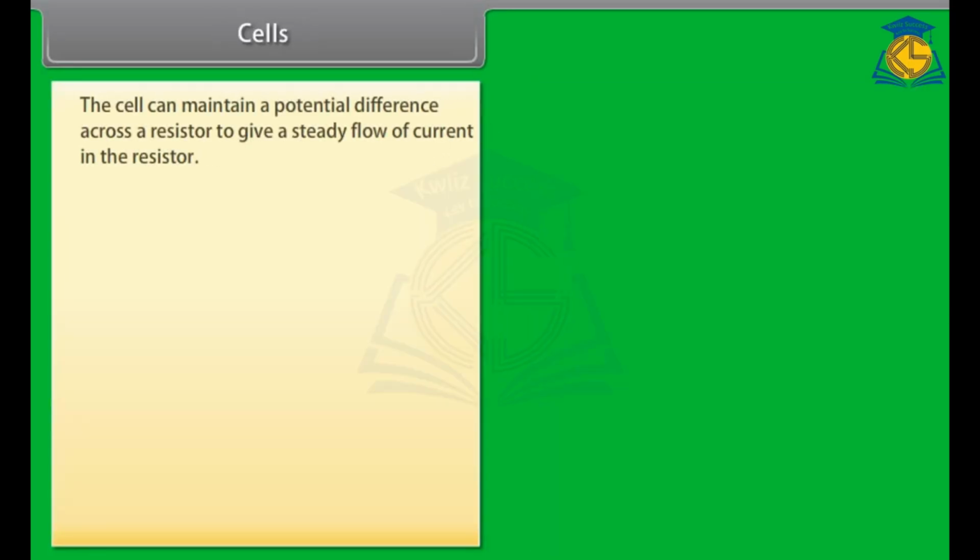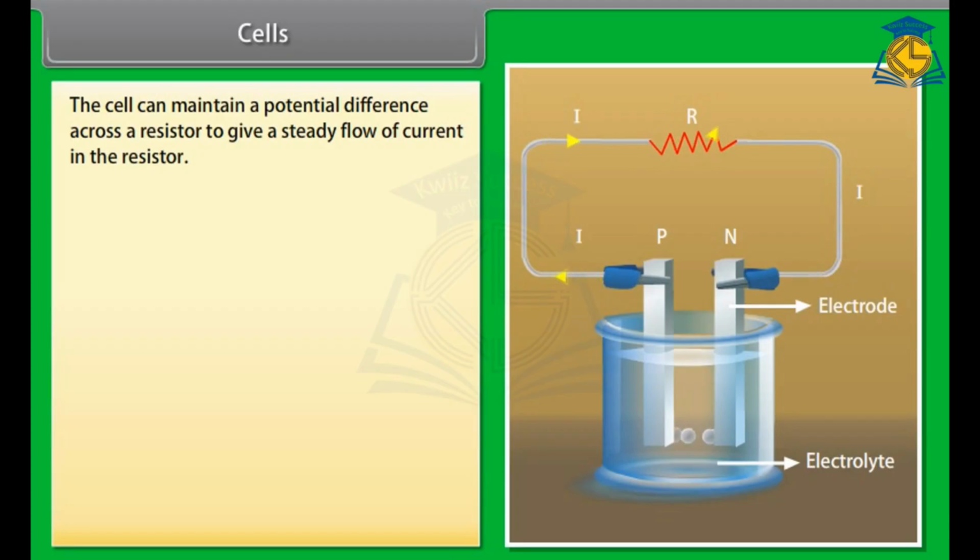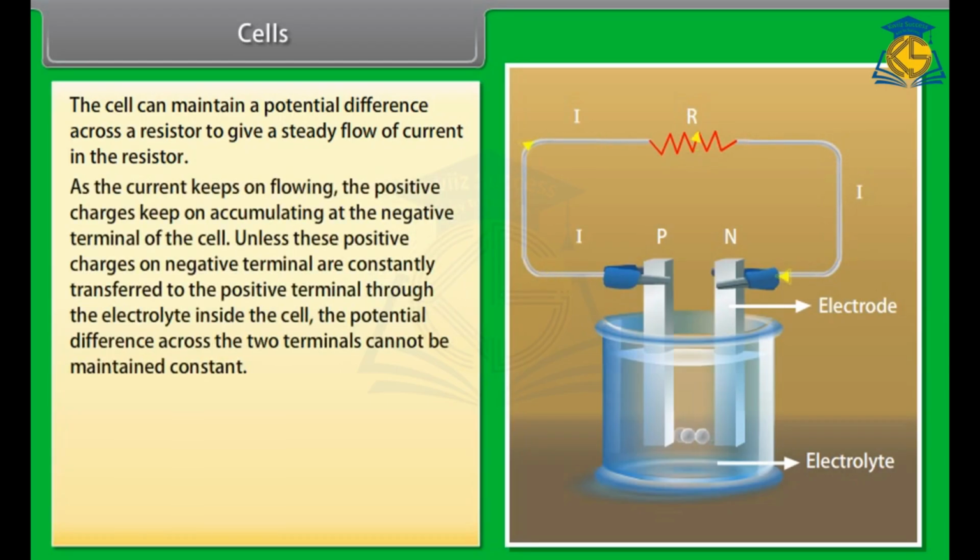Cells. A cell can maintain a potential difference across a resistor to give a steady flow of current in the resistor. As the current keeps on flowing, the positive charges keep on accumulating at the negative terminal of the cell. Unless these positive charges on the negative terminal are constantly transferred to the positive terminal through the electrolyte inside the cell, the potential difference across the two terminals cannot be maintained constant.